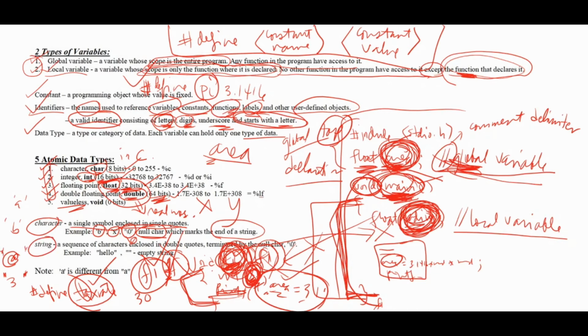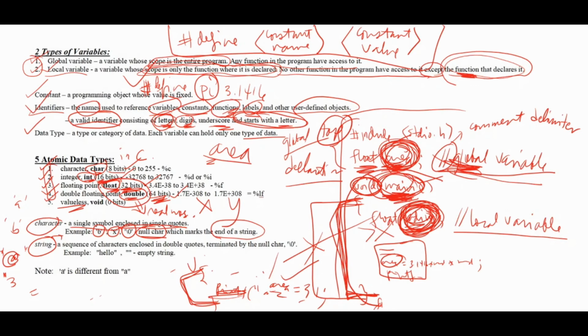A string is a sequence of characters enclosed in double quotes. A string is 0 or more characters or symbols enclosed in double quotes, like this one. How many symbols or characters are there? 1, 2, 3, 4, 5, enclosed in double quotes. Okay, so this is a string and this is an empty string, with no symbol inside.